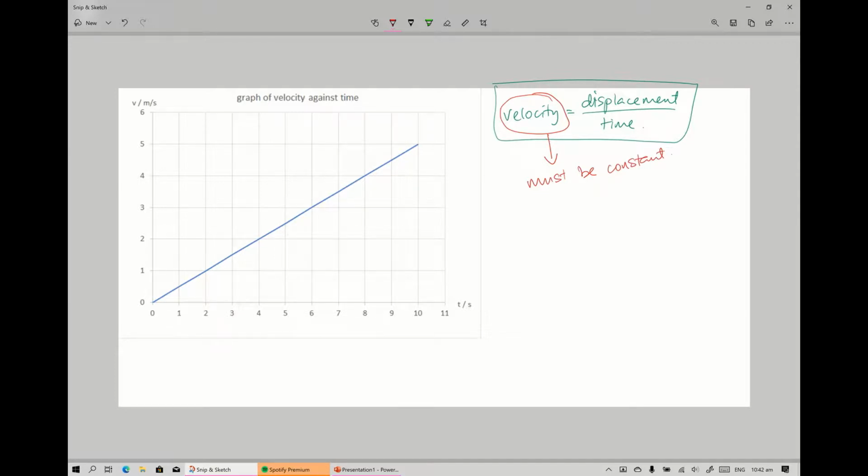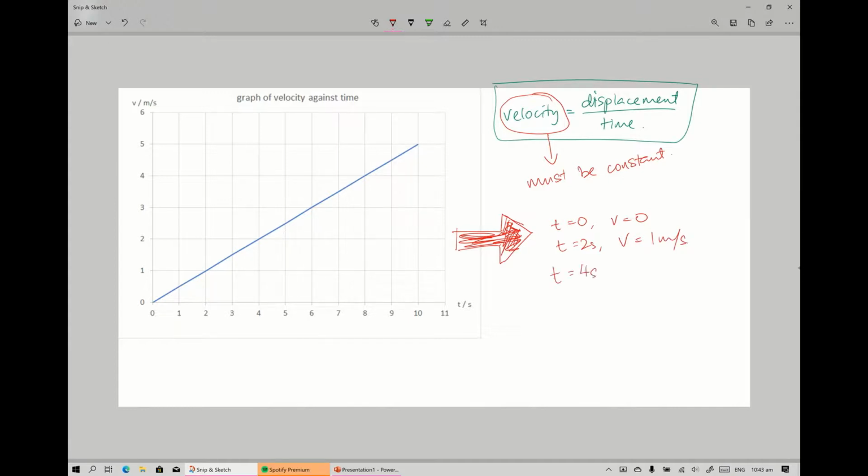Velocity must be constant. Now, if you look at the graph, right? When time equals 0, velocity equals 0. When time equals 2 seconds, velocity equals 1 meter per second.